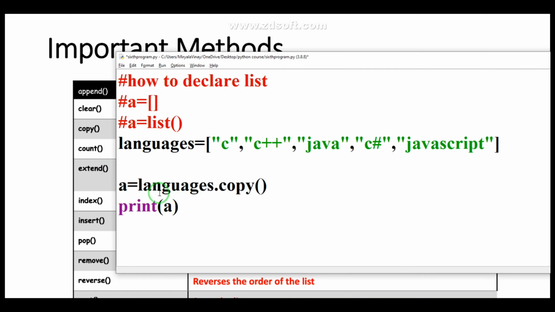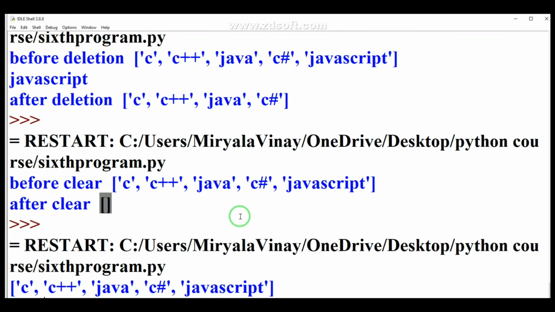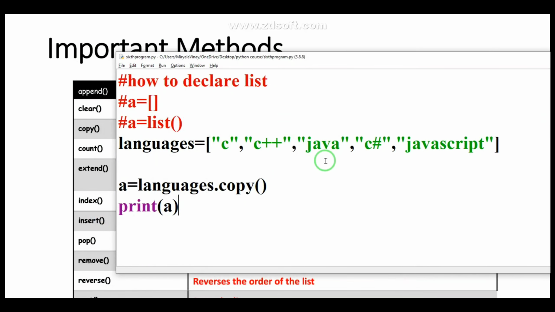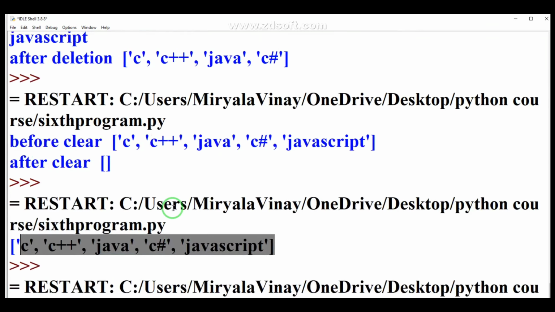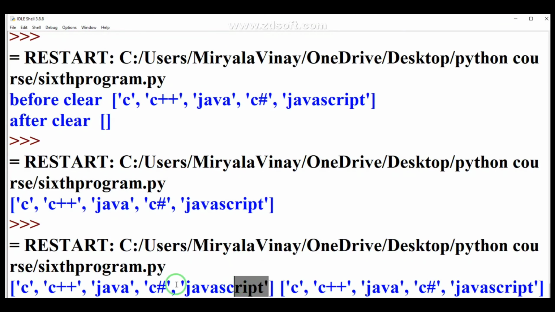So languages.copy will create a copy and assign it to the variable called a. When I print a, you can see the output as C, C++, Java. So you can simply use the copy method to copy one list to another list, and you can see this is a and this is the languages list.